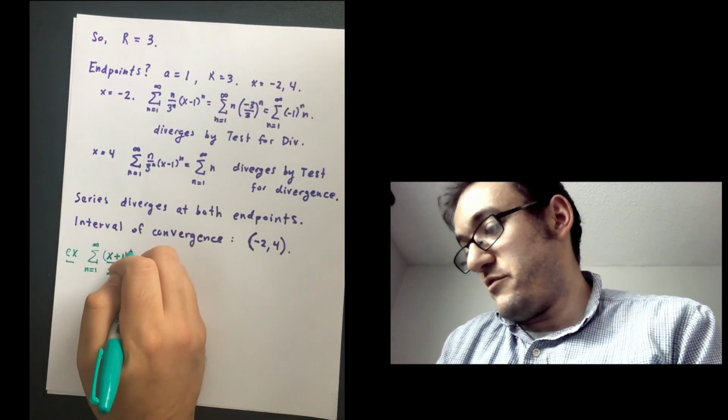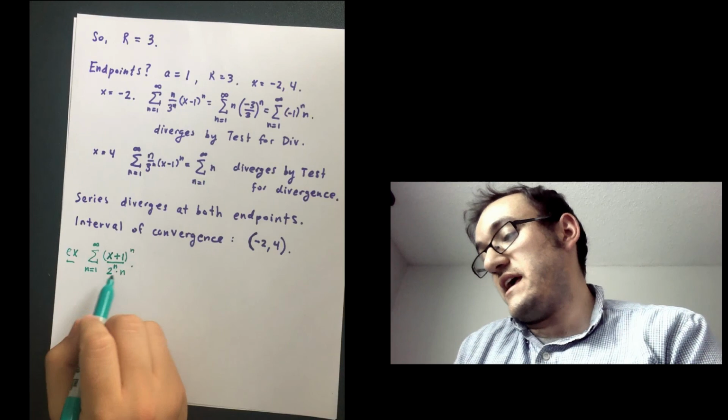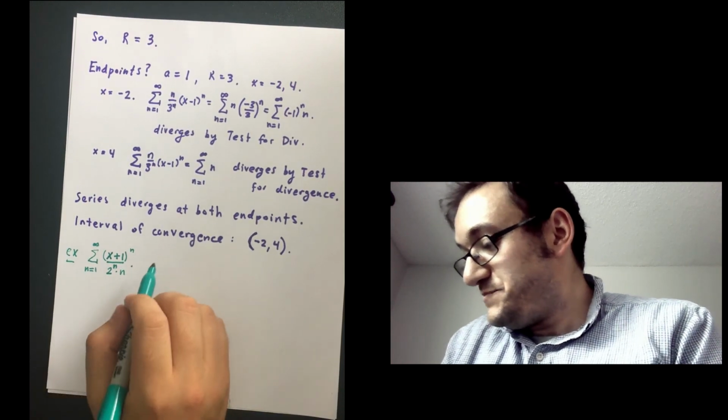This should probably be to the nth power. Okay, so it's x plus 1 to the n over 2 to the n times n.